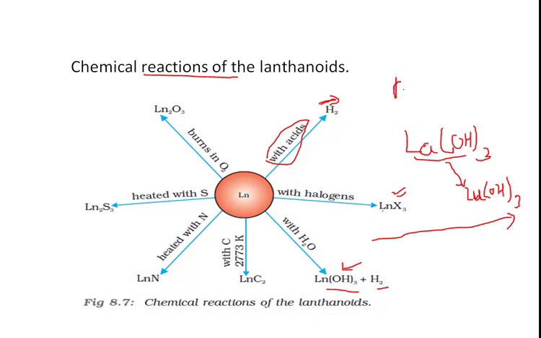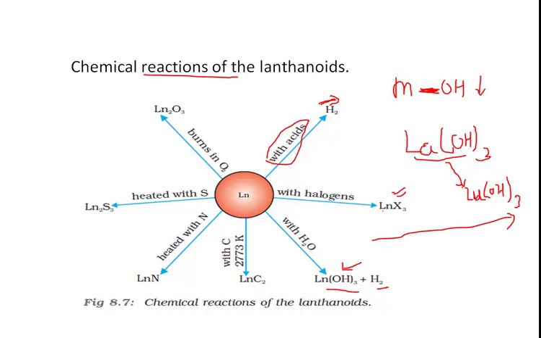The reason being that the M-OH bond length goes on decreasing along the series. So lutetium hydroxide will be less basic because the bond between the metal and OH cannot be broken easily.